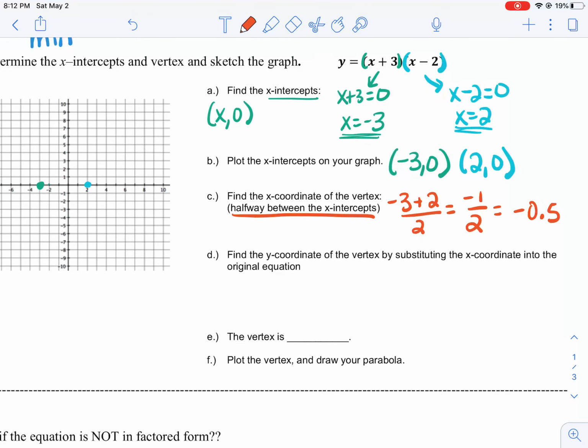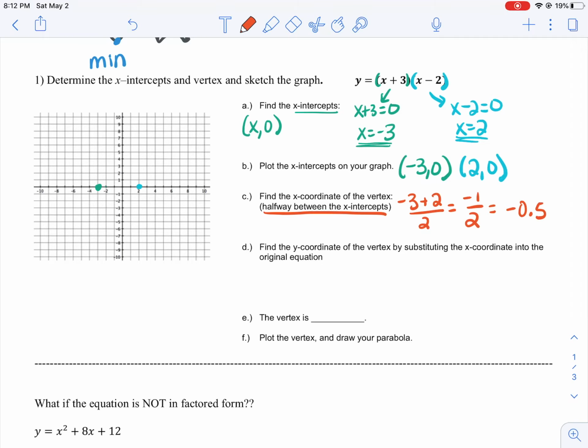Okay. Now we're going to look at the y-coordinate. We have the -1/2, or -0.5, and we need to substitute it into my original function.